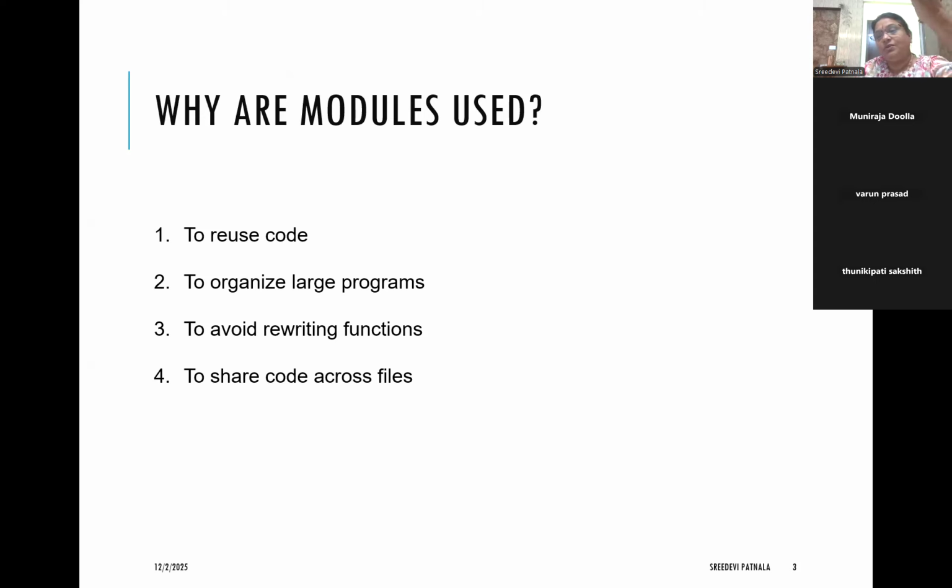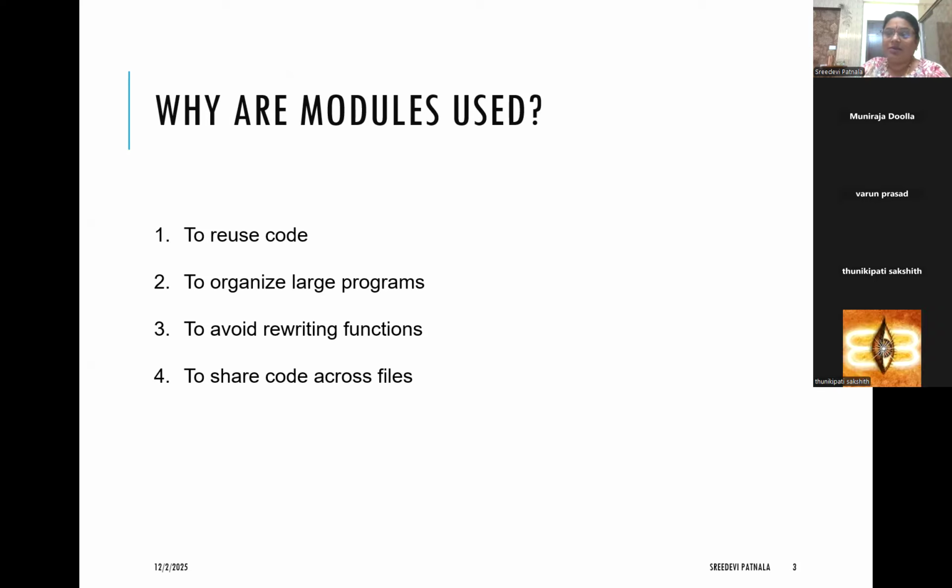Functions are used within the same code, but a module is outside your .py file, and you use it by importing. Functions are reused within your program, but a module is outside, in your folder structure, and you can reuse it across files very well.